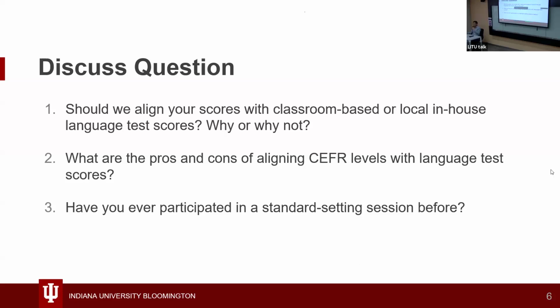Thank you, thank you, thank you. So let's talk about these questions all together. Should we align your scores to classroom-based tests or local in-house language test scores? Is there anyone who says no? Anyone?